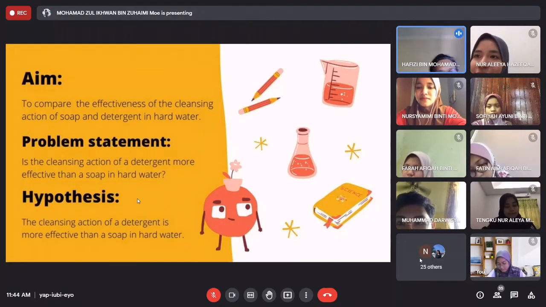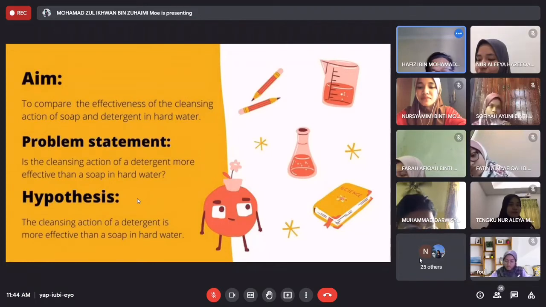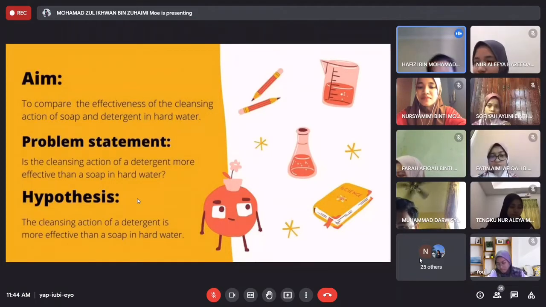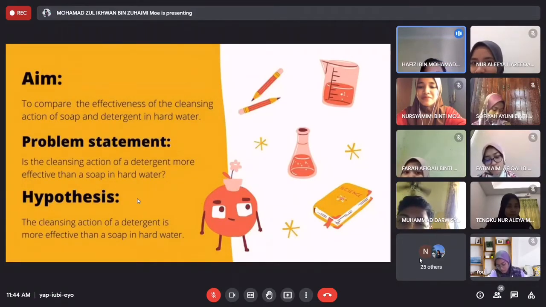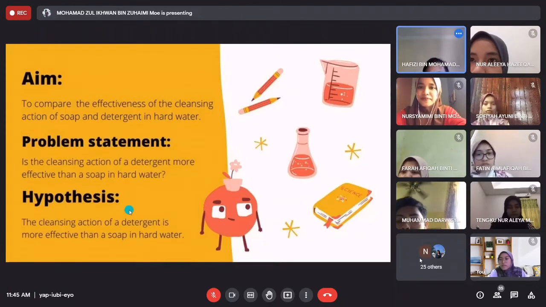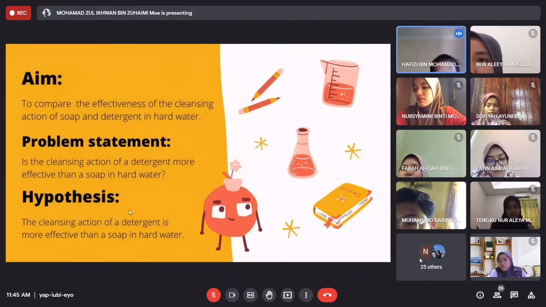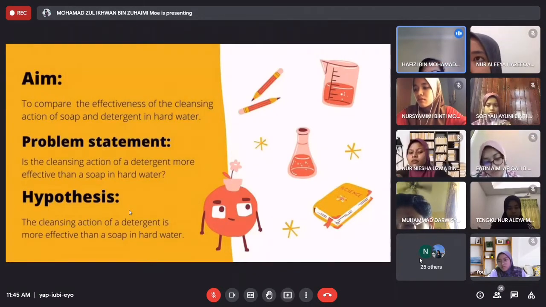Sekejap, sekarang ni kita punya MV kita adalah detergent and soap. Betul kan? Yes. So, kita punya responding-nya adalah the effectiveness. Okay. So sekali lah, detergent is more effective than soap as cleansing agent in hard water.